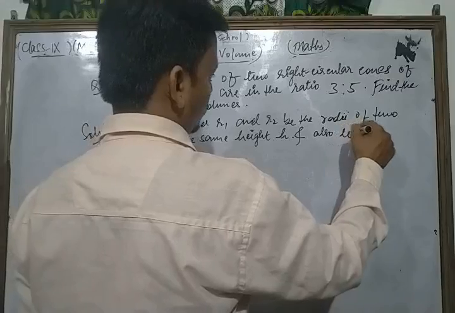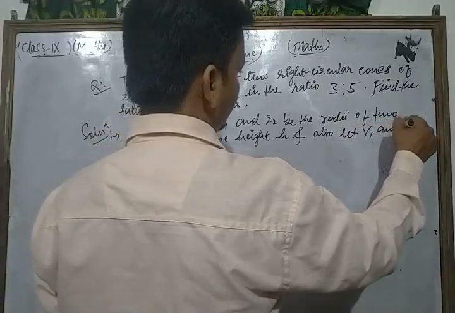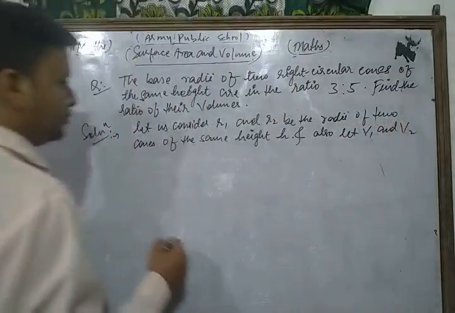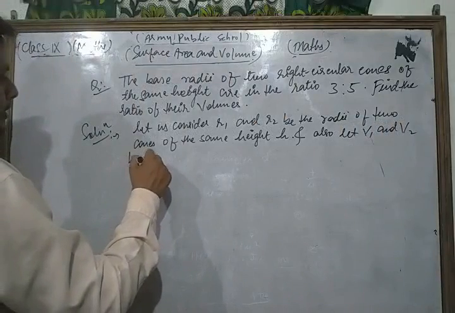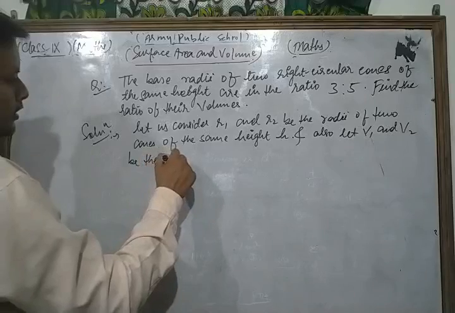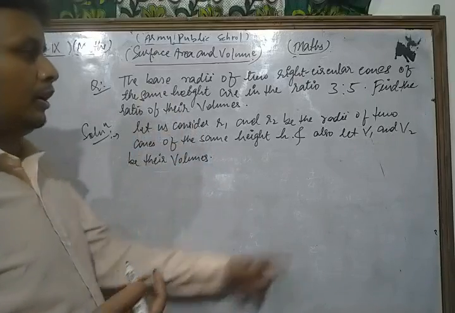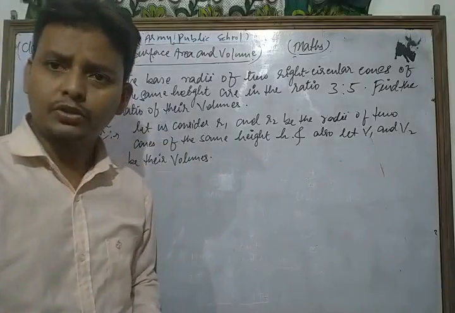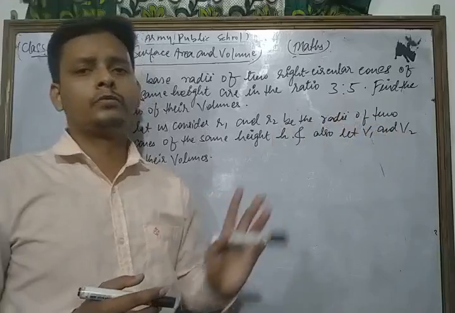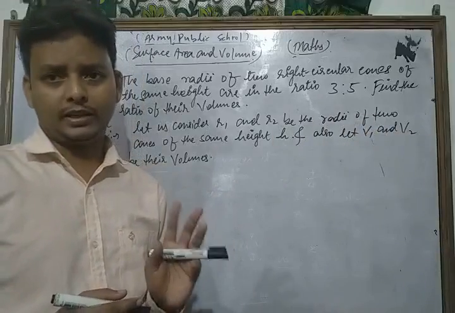Also let V1 and V2 be their volumes. Means V1 is the volume of the first cone and V2 is the volume of the second cone.